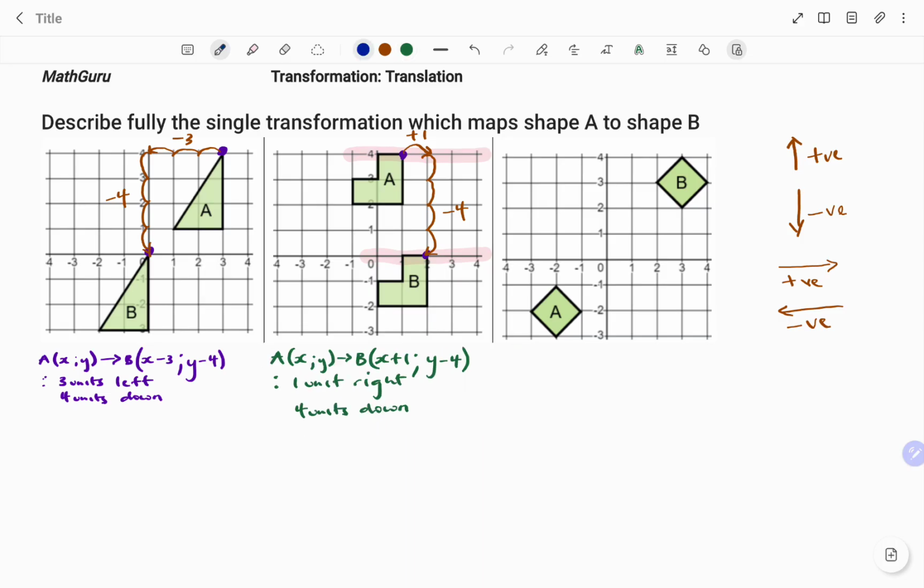To describe fully the single transformation which maps shape A to B, I will start by highlighting any of the vertices or corners. This time around, I'm going to use the one at the bottom as shown.